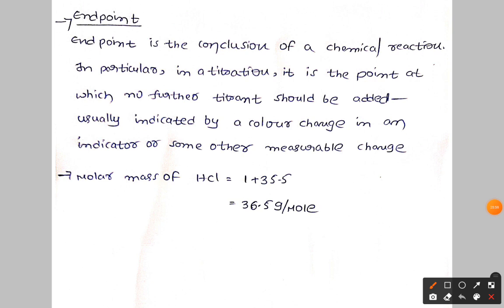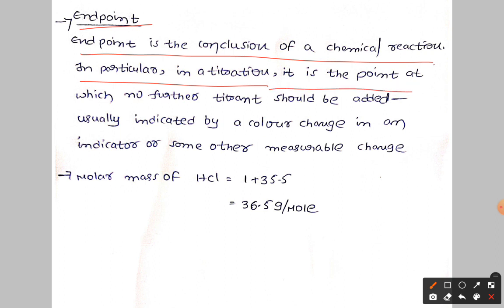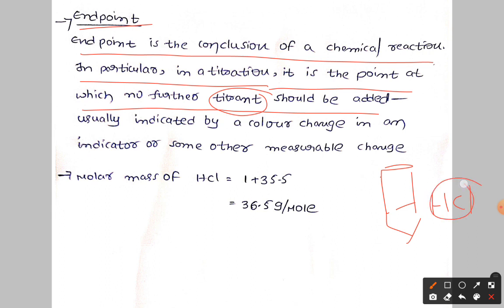So what is the end point here? The end point is the conclusion of a chemical reaction, meaning finally the reaction is complete. In titration, it is the point at which no further titrant should be added. For example, in the burette you are taking the HCl, and once the end point comes, which in our case is pink to colorless, you stop the addition of HCl.